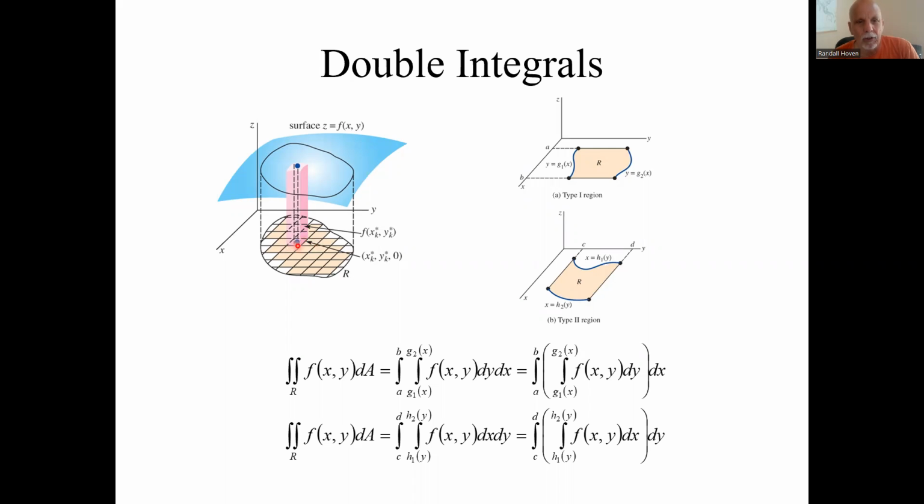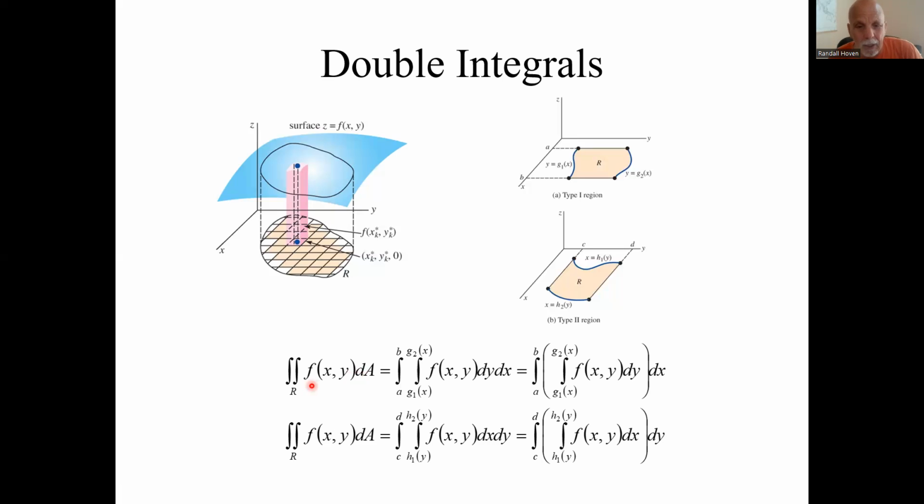Say you knew the area of this little chunk down here. Multiply that by the height, which means going up to the value of the function at that point. That gives you the volume of a little differential parallelepiped.